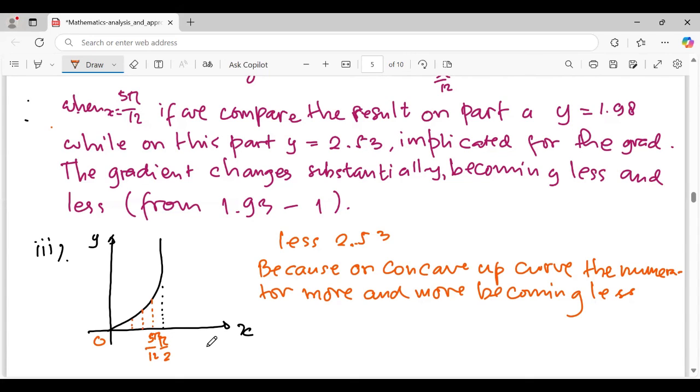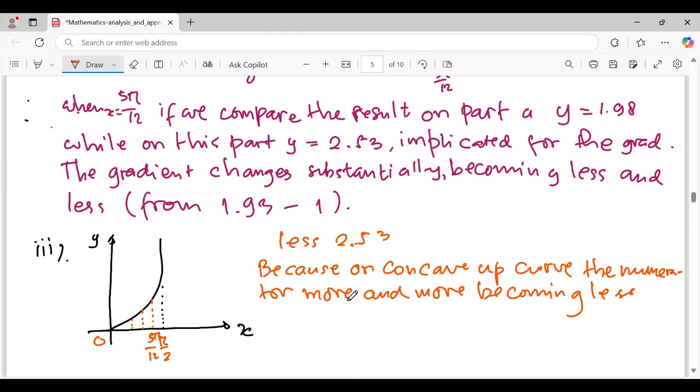So this has implications for the approximations of y. Why? Because on a concave curve, if you calculate the values of y based on the values of x, y will be less and less because the values of x are becoming less and less.